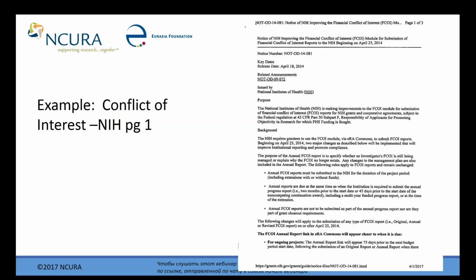And then it references the federal regulation at 42 CFR Part 50. That gives us our overarching law we now have to comply with. Then we have some background, so you know why the National Institutes of Health made this policy.